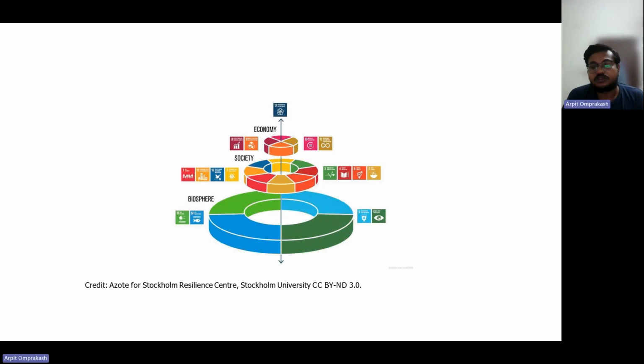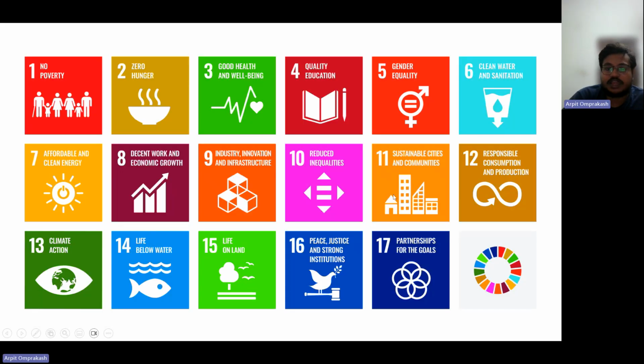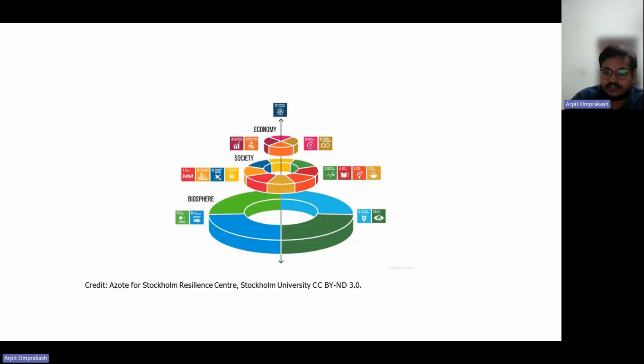Basically, what should we be providing everywhere and how it needs to be done. For example, they say that the broad focus should be on maintaining the biosphere, and here in the case of the biosphere, you have things such as life below water, life on land, and these kinds of things.